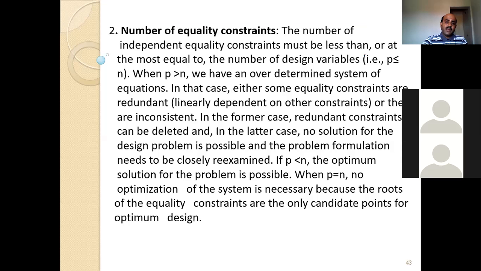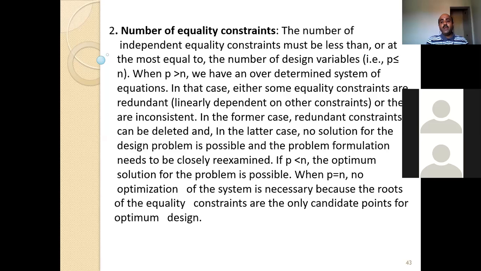Then the second point here is the number of equality constraints. There is a restriction on the number of equality constraints. When we look at the standard design optimization model, we have shown both equality constraints as well as inequality constraints.